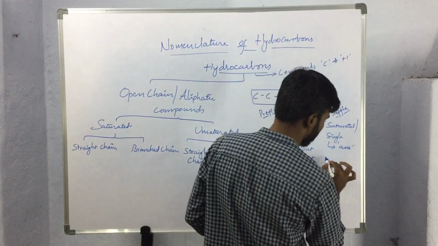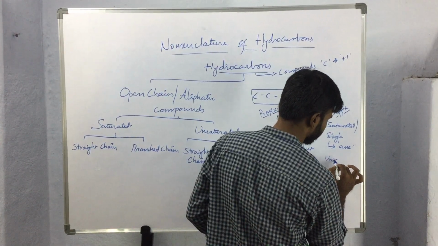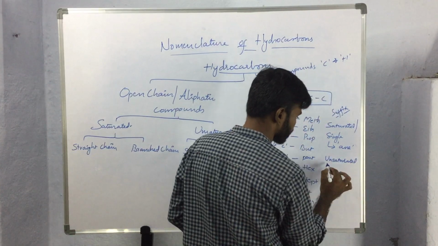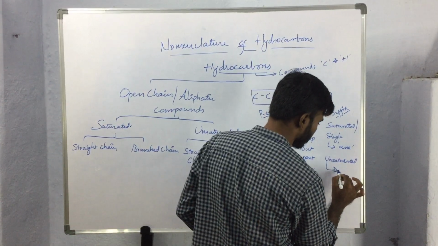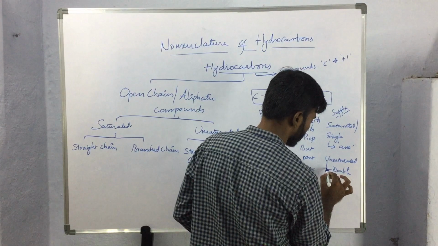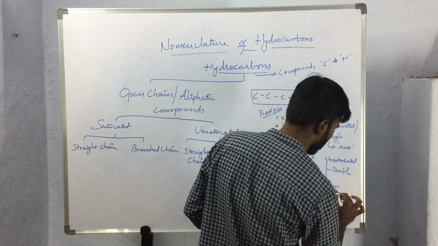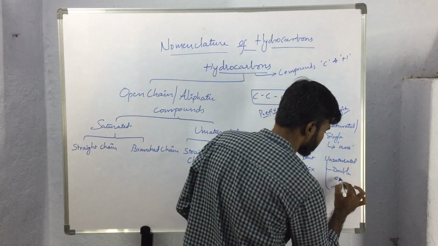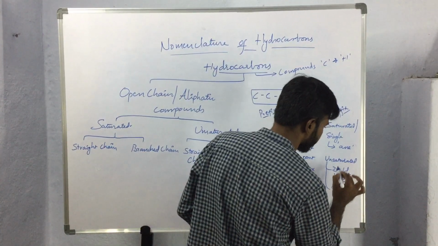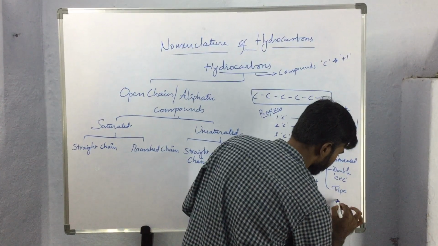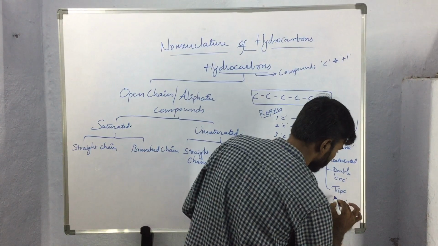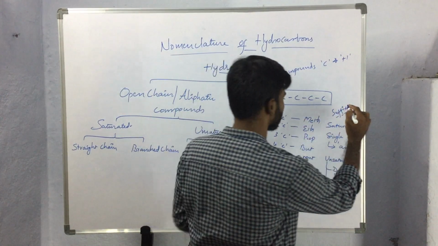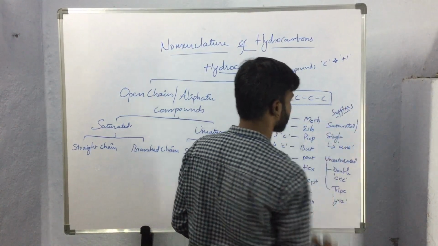If the compound is unsaturated, that means the compound contains a double bond or a triple bond: if the compound contains a double bond, we will be using the suffix "ene", whereas if the compound contains a triple bond, we will be using the suffix "yne". So these are the standard prefixes and suffixes that we have.